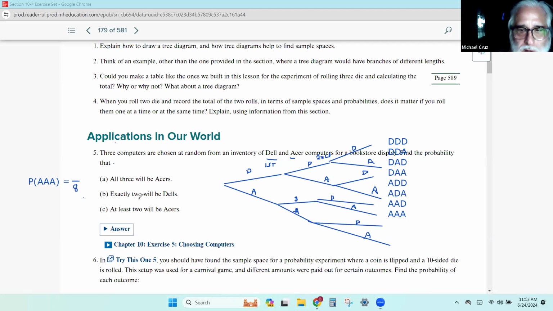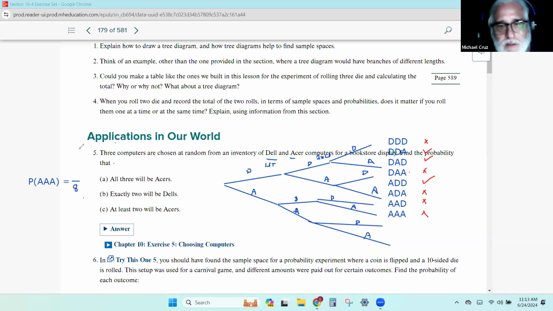Okay. Exactly 2 Dells. Well, this one's not because that's got 3, but this one does. That's got 2 of them. Nope, that's just 1. I'm sorry, Dells.